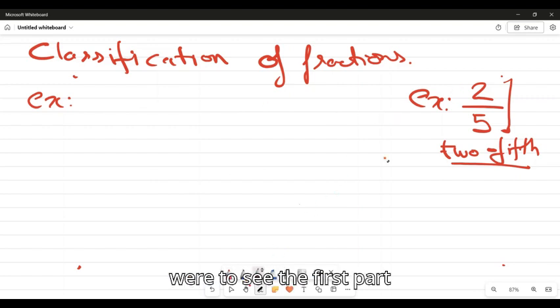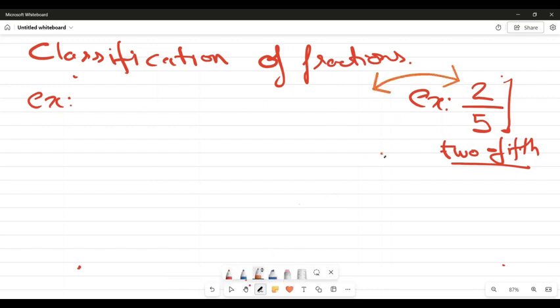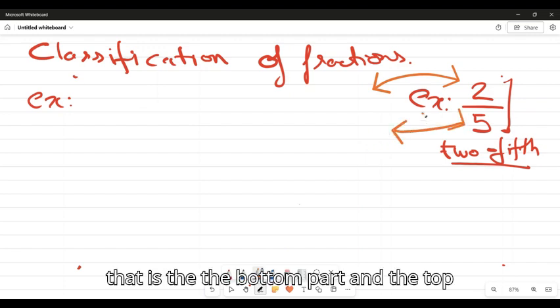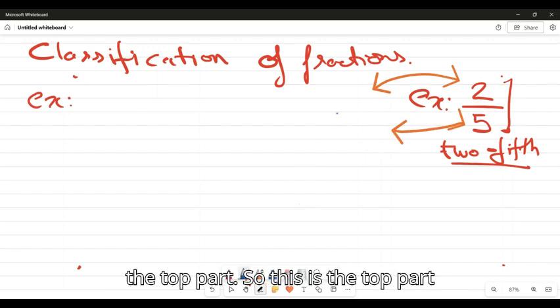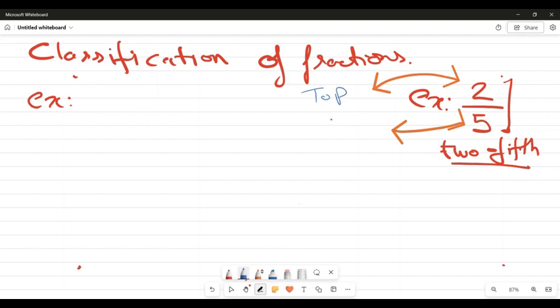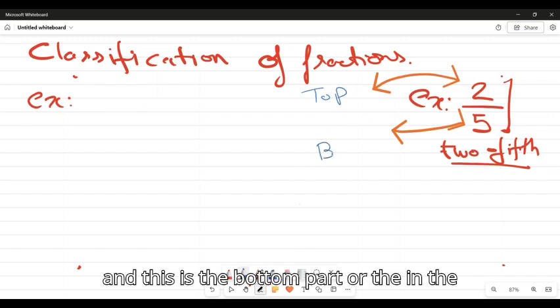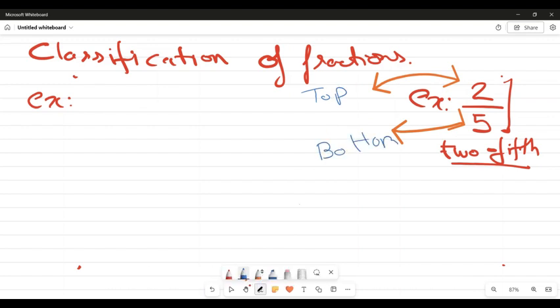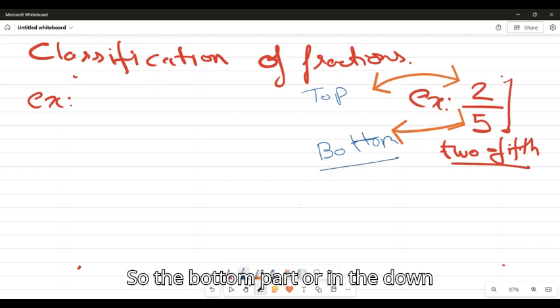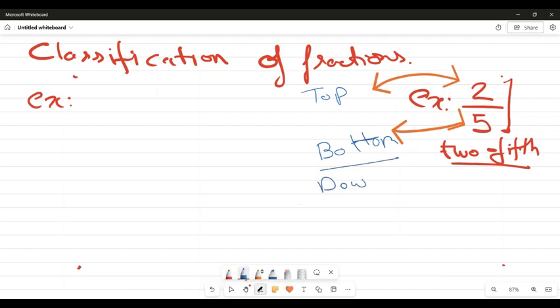If we look at the parts, this is the top part and this is the bottom part, or the down side. So the bottom part, or the down, we have the denominator.